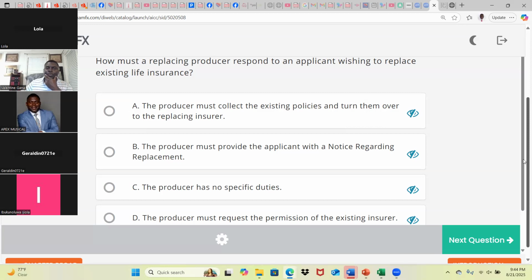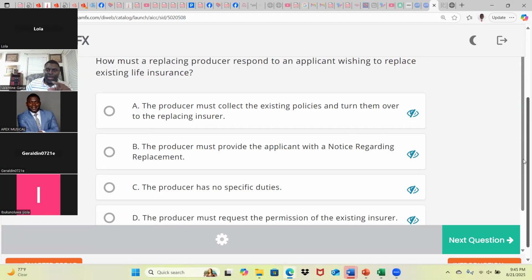All right. So there's something we want to learn here, and we want to remember that notice regarding replacement is usually sent to the client. So, how must a replacing producer respond to an applicant wishing to replace life insurance?